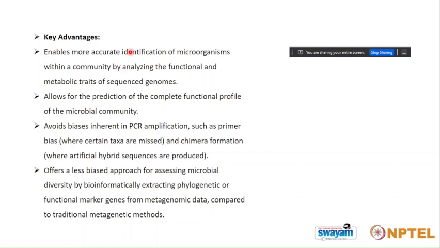Certain species may be missed because of inappropriate design of primers. So this is a disadvantage with the other methods which are used for the microbial community identification. But in the case of metagenomics, since we are directly sequencing the genomes, this bias will be eliminated. So that is an advantage in the metagenomic based approach.